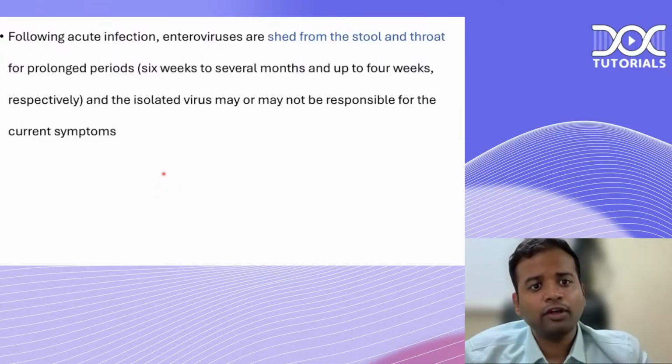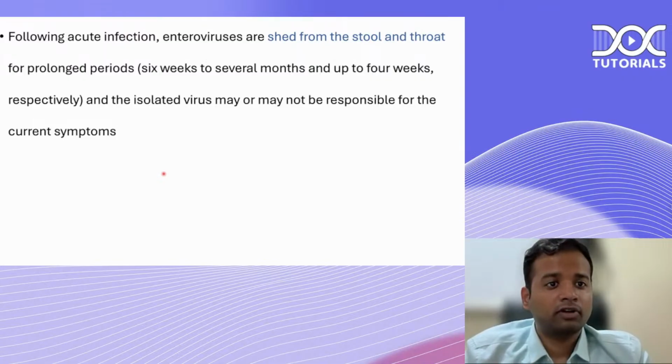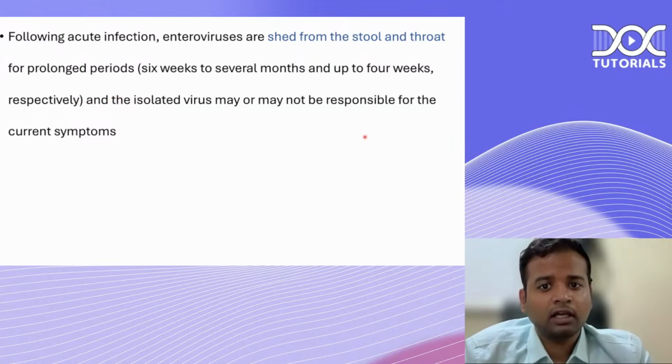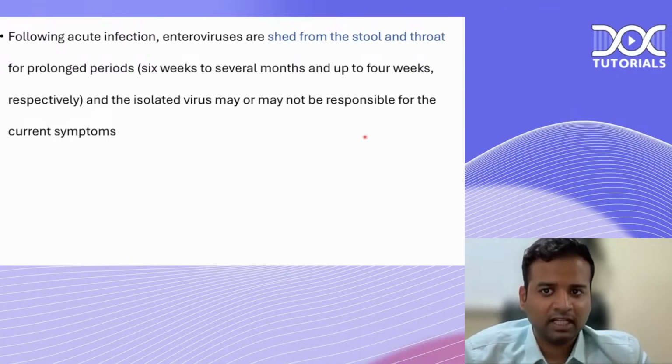Like I have said, following acute infection, if any child develops HFMD, the virus can shed for many weeks, both in the respiratory and the stool secretions. Enterovirus is shed from the stool and throat for prolonged periods: in stool it can shed for several months, up to 12 weeks, and in the respiratory tract up to 4 weeks.